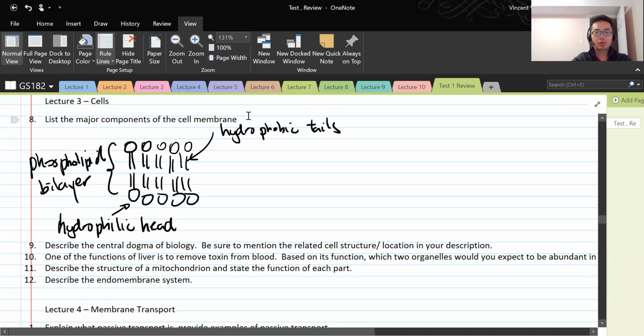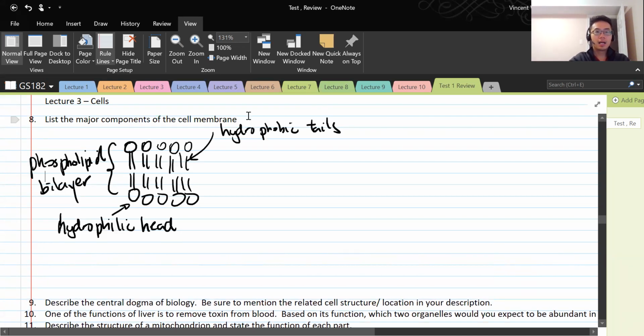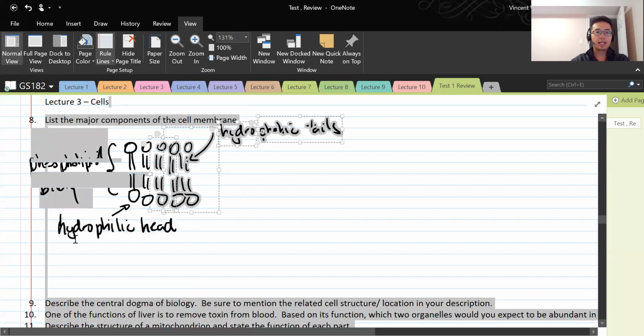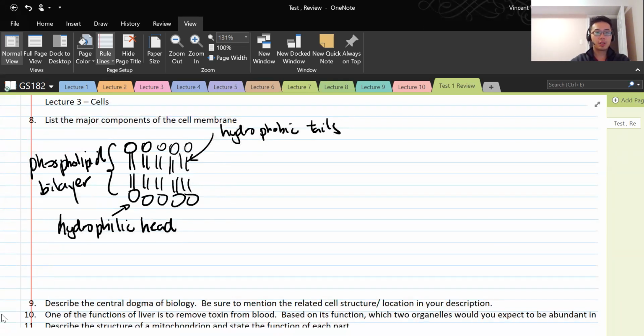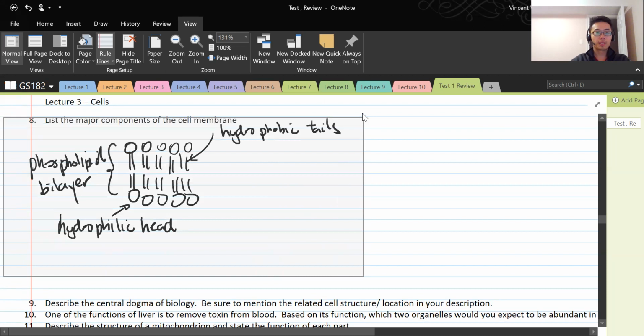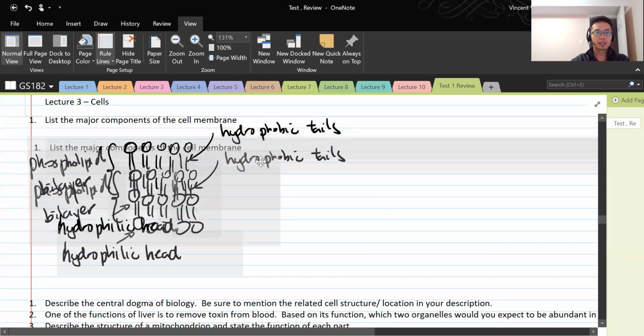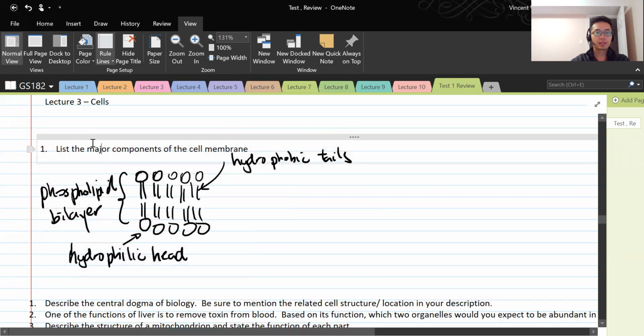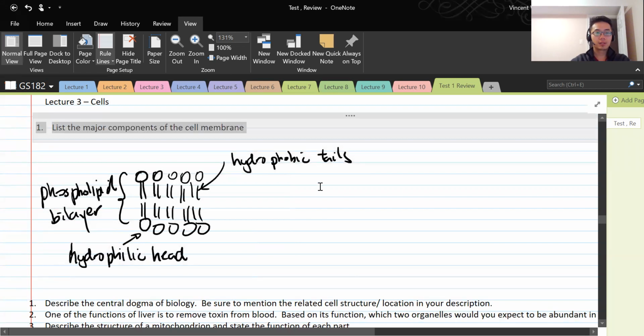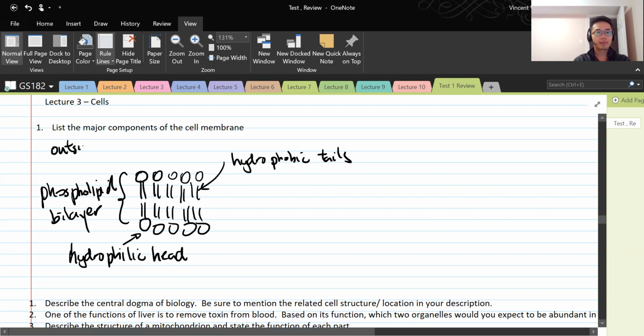The best way to describe this is hydrophilic heads sandwiching the hydrophobic tails. So this is outside, and this is inside of the cell.